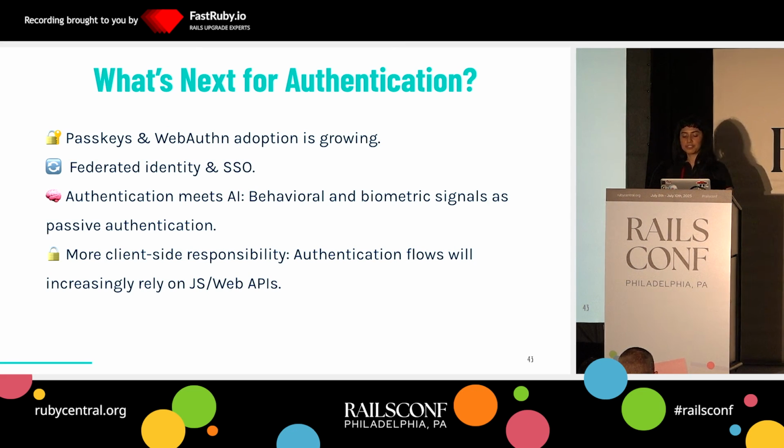So we can stop treating authentication like a black box and start treating it like a critical piece of our apps. I forgot to mention that last point. Because of these other login flows, we have more and more client-side responsibility. So we have more JavaScript and web APIs influencing our authentication flows. So that was my talk.